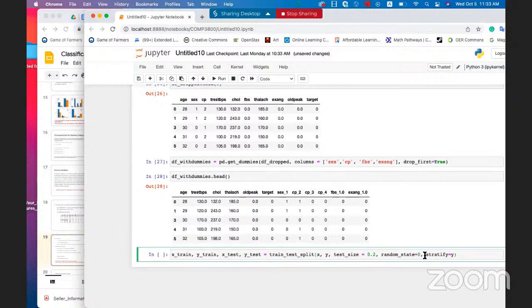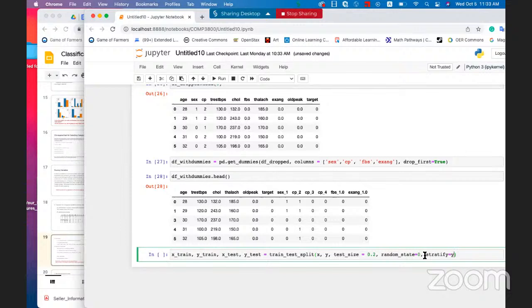If the target variable is numerical, you don't have to do that. But if the target variable is categorical, we have to specify stratify, which means when you split the data, you want to keep the same proportion, same ratio of people with heart attack and non-heart attack in the data set.